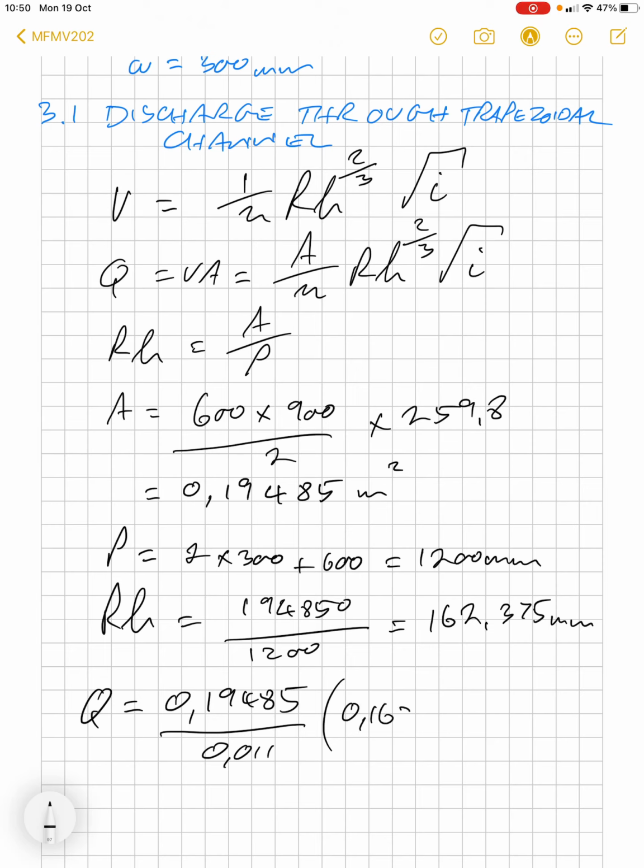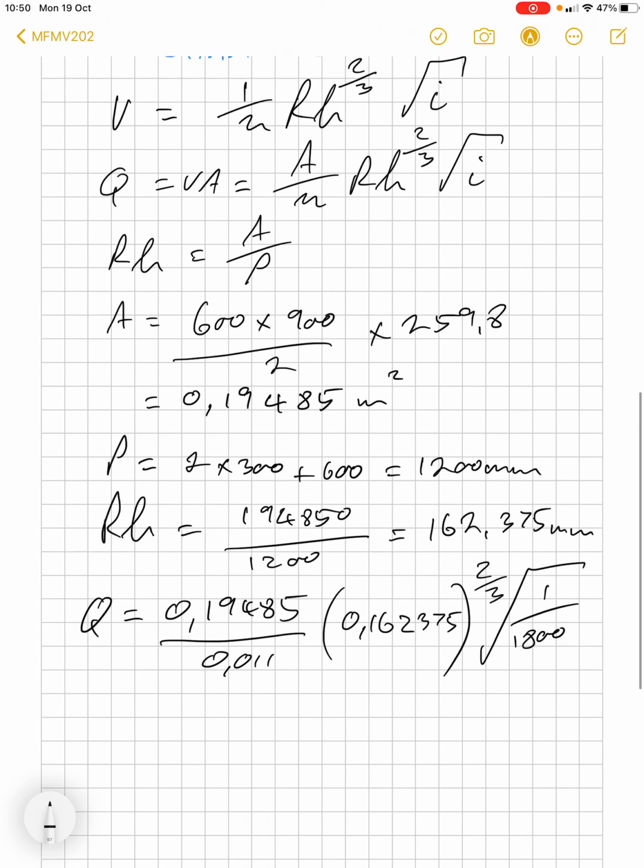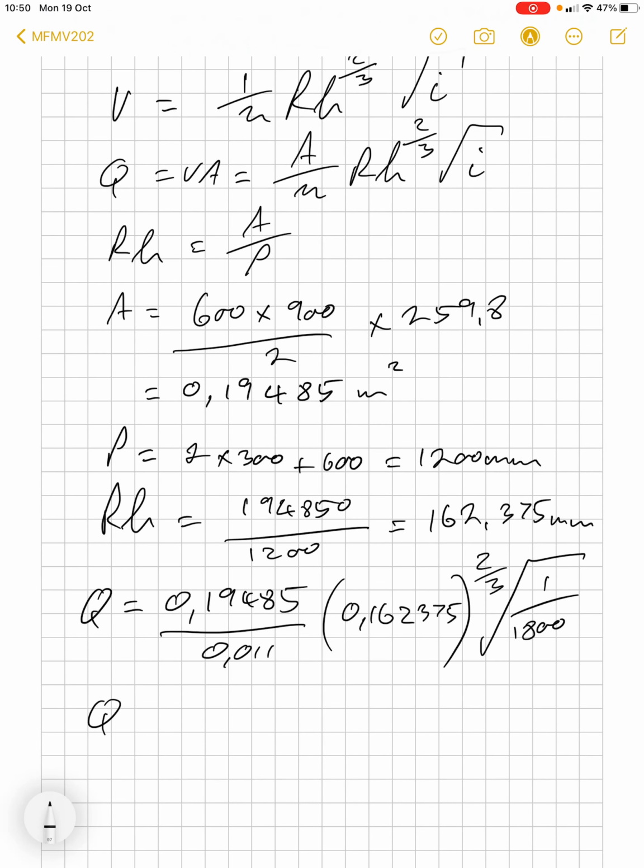RH is 0.162375 to the power of 2/3, and the square root of 1/1800, which is our slope. So from here we can look at a discharge of 0.124265 cubic meters per second.